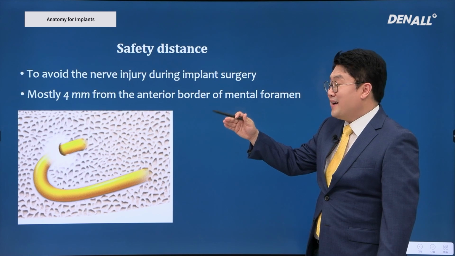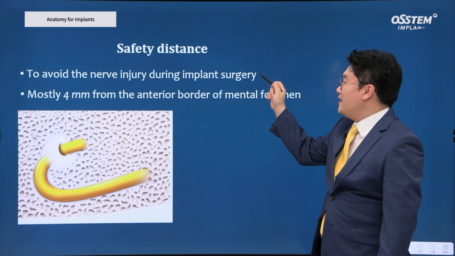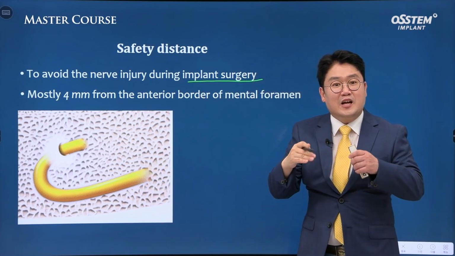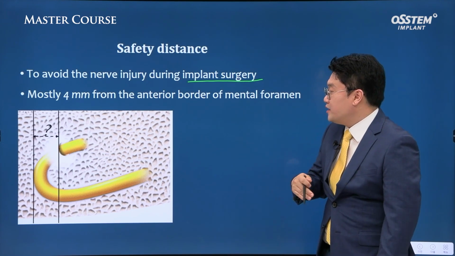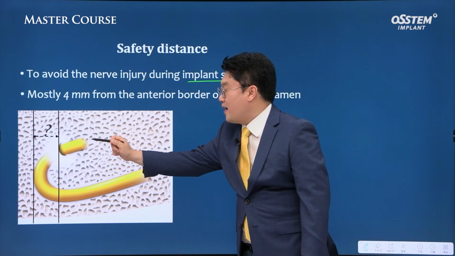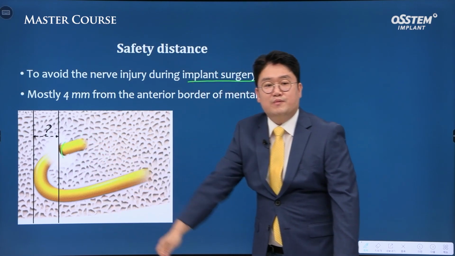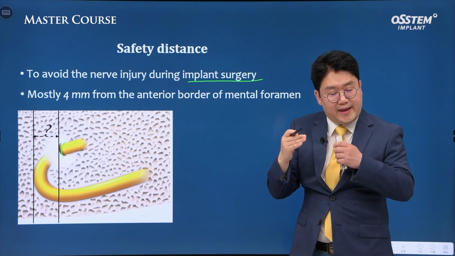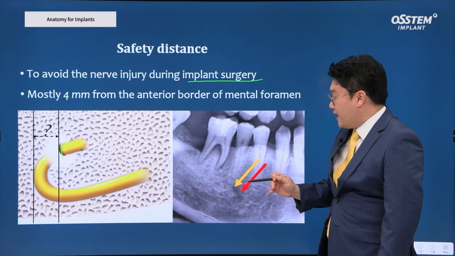In the premolar area or anterior to the premolar area, when you place an implant, it is important that we do not invade upon the anterior loop. As shown here, from the anterior border of the mental foramen, if you set a safety distance, then you'll be able to place it safely on X-ray.